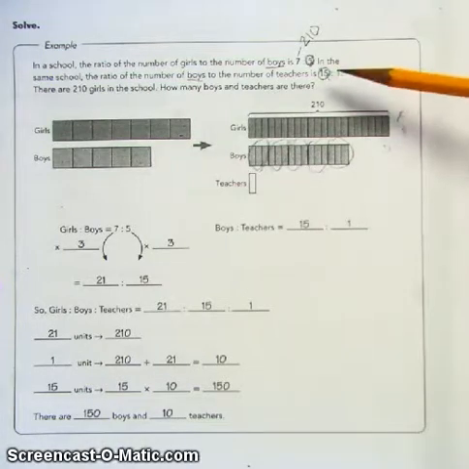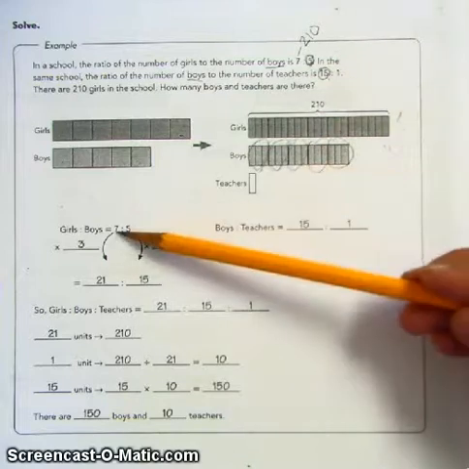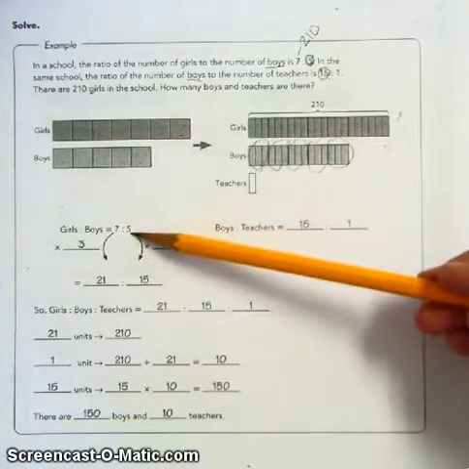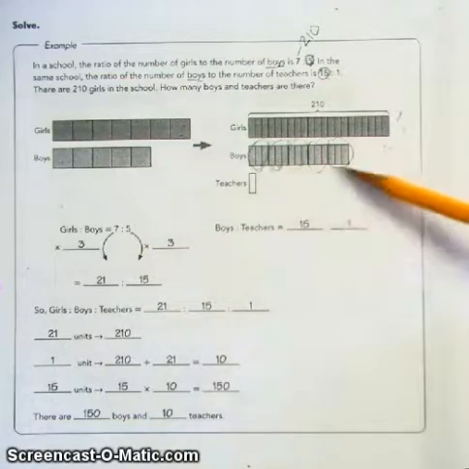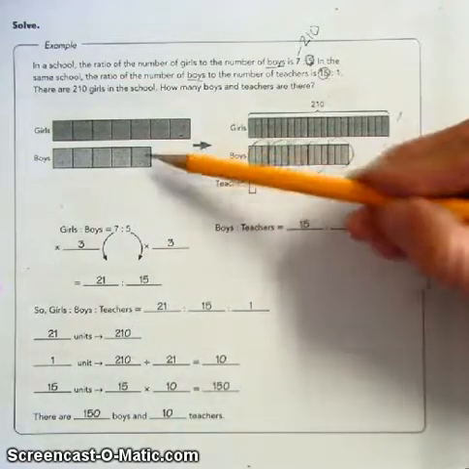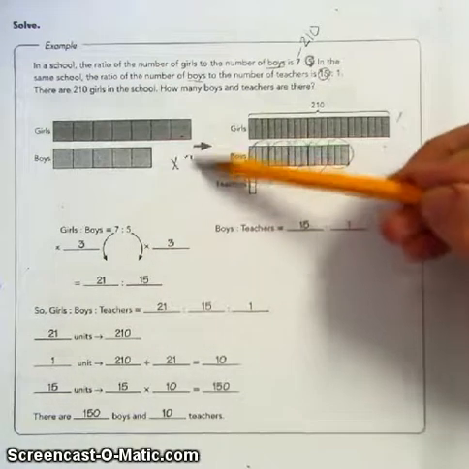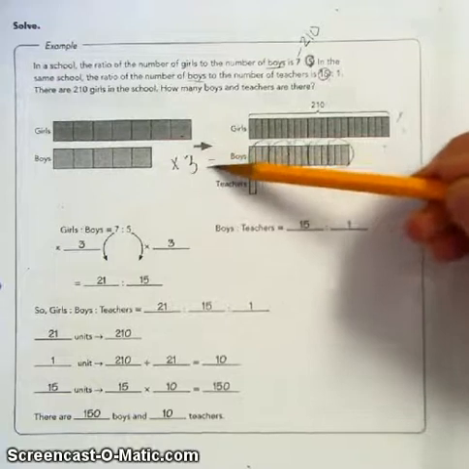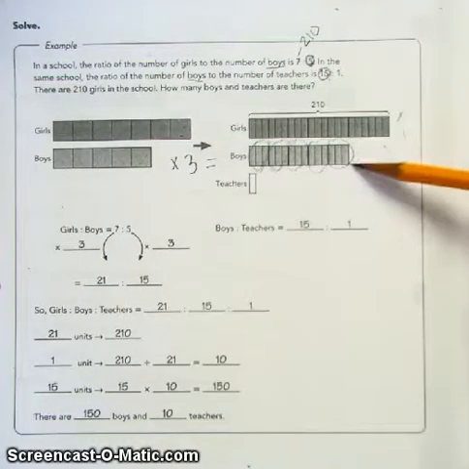So essentially they said, okay, we're going to take our ratio of 7 and 5 boys, and we are going to times it by 3 to make this new ratio. So they took 5 and they timesed it by 3 to equal 15.